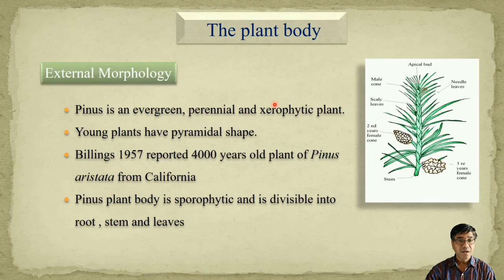Perennial means the plant's life is more than 2 years. And xerophytic plant means needle-like leaves help in reduction of the surface area and thus reduce the loss of water.